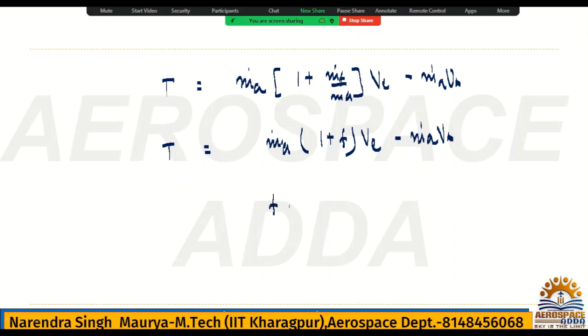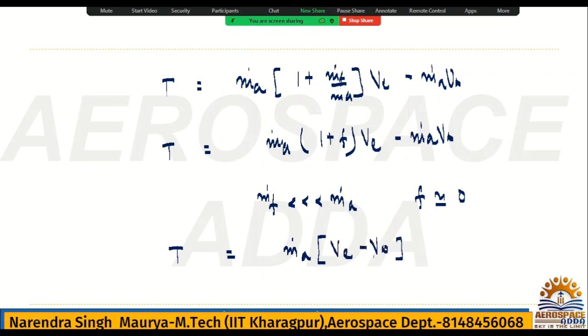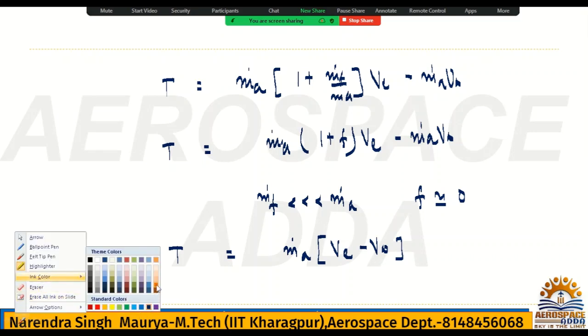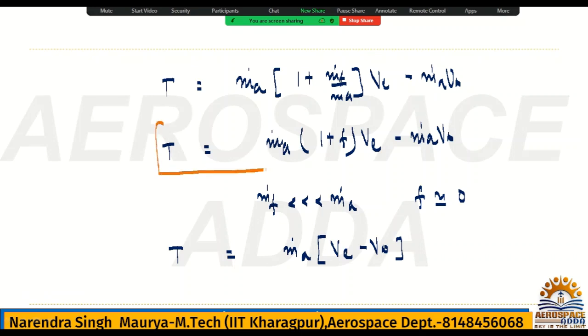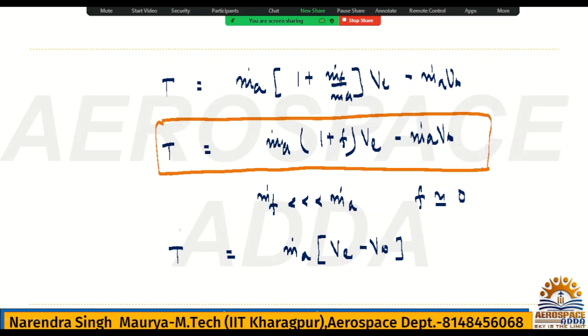Sometimes the fuel is very less, m dot f is very less than m dot a, so the fuel air ratio you can take as 0. So what will be the thrust at that time? It will be m dot a in bracket (VE minus V infinity). If they have not given the fuel air ratio, you can take this one.